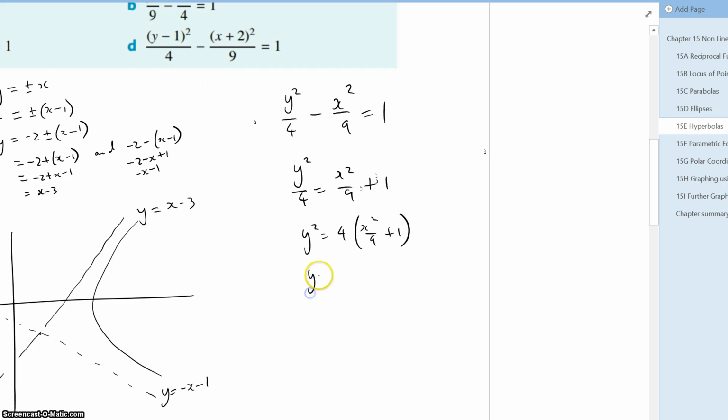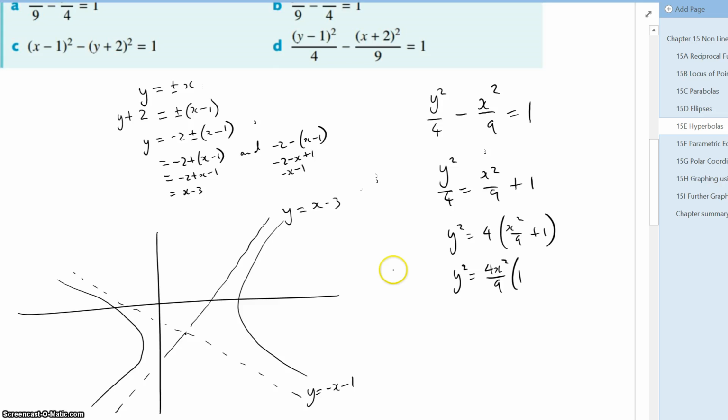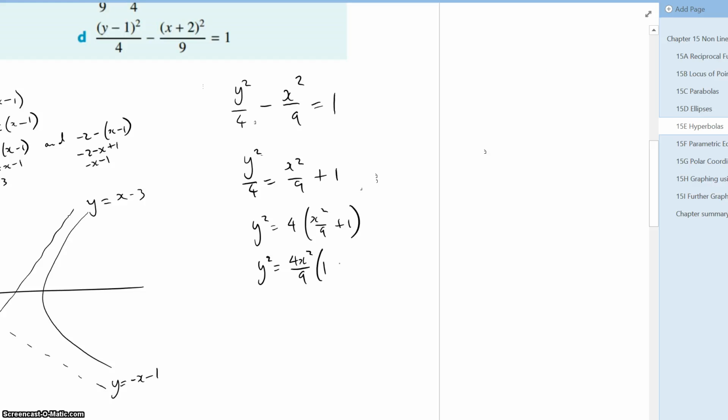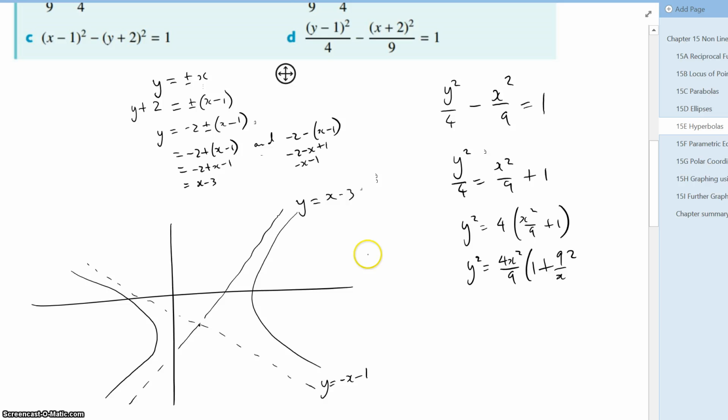So y squared equals, taking 4x squared over 9 out as a common factor, 4x squared over 9 times 1 plus 9 over x squared.